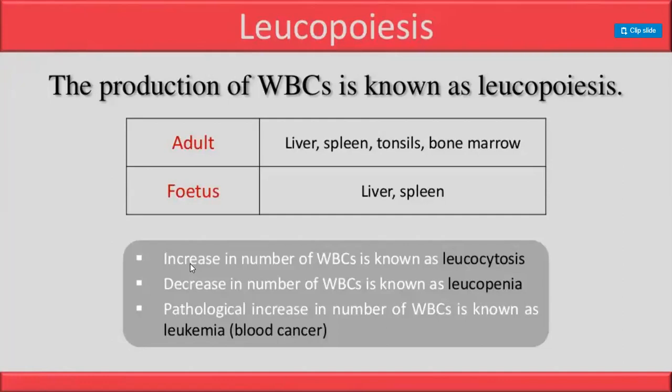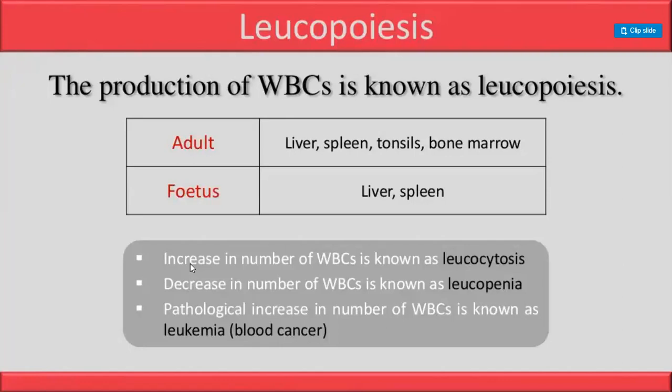Now, leucopoiesis would increase when your body is fighting maybe an infection. There is an infection that your body needs to fight. There needs to be an increase in the production of white blood cells to fight. But even if there is no infection, leucopoiesis takes place normally in your body.